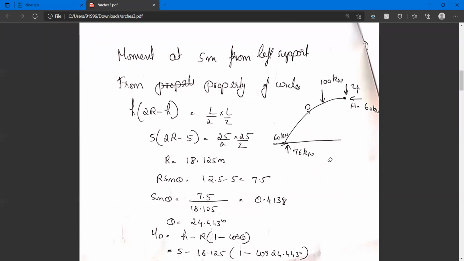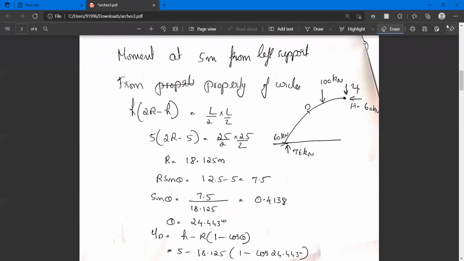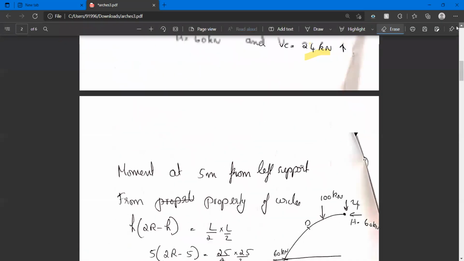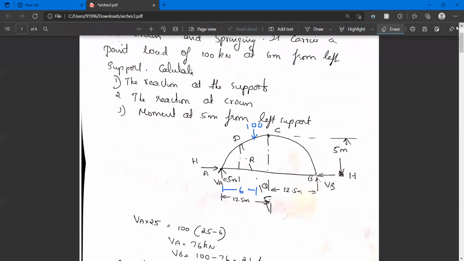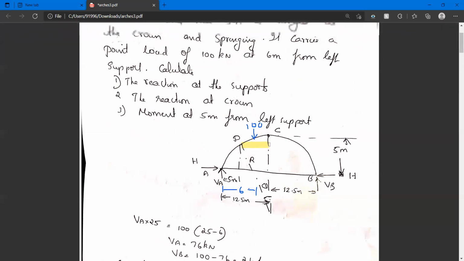Once you find radius, then what is R sine theta? Let us refer to the figure once again. You can see the distance R sine theta. Suppose we draw a horizontal line from D, then this horizontal line from D is equal to R sine theta.